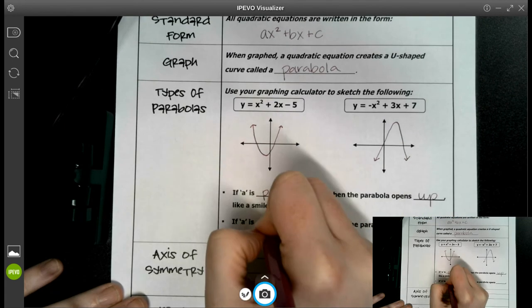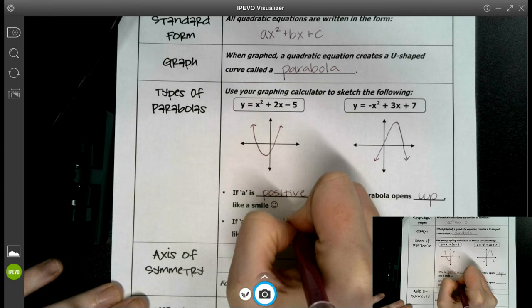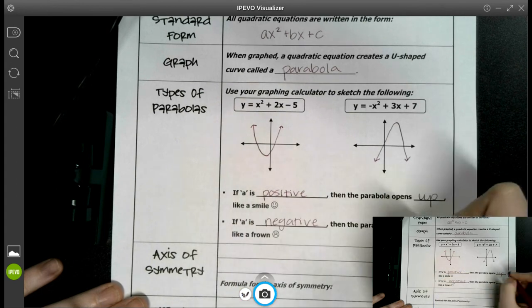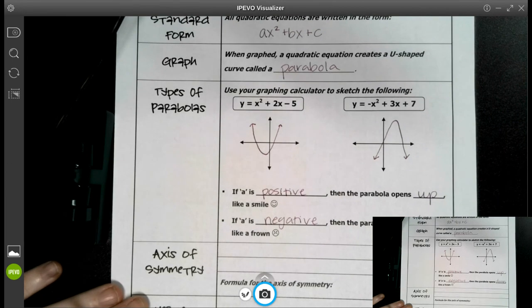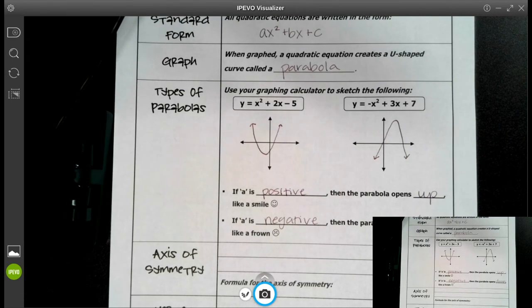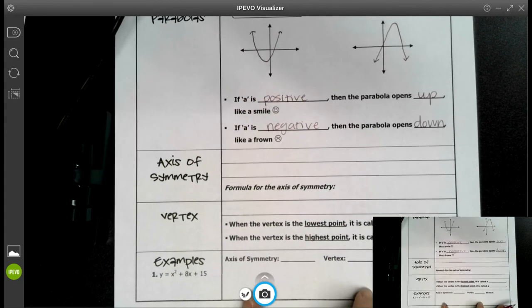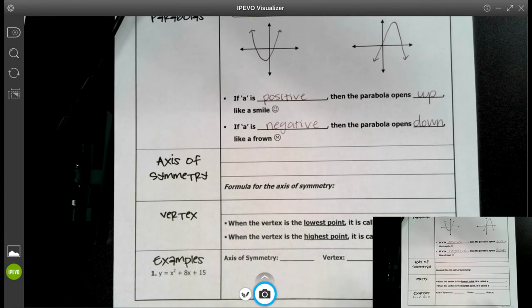Whereas if my a value is negative, then the parabola is going to open down like a frown, and that rhymes. So that's super easy for you to remember. Hopefully you can remember that. Positive, it opens up because positive people smile, and negative, it opens down like a frown. Womp womp.